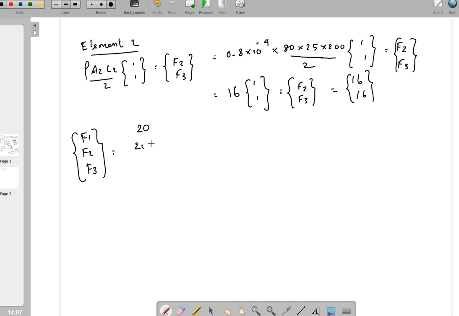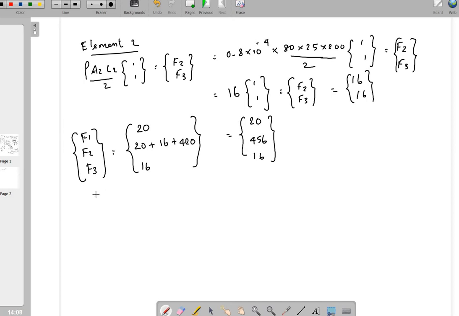One is 20. For element 2, it is 16. And we also have to add the point load, that is 420. For the third node, it is only 16. So finally, the force vector 20, 456 and 16 is the force vector for F1, F2, F3.